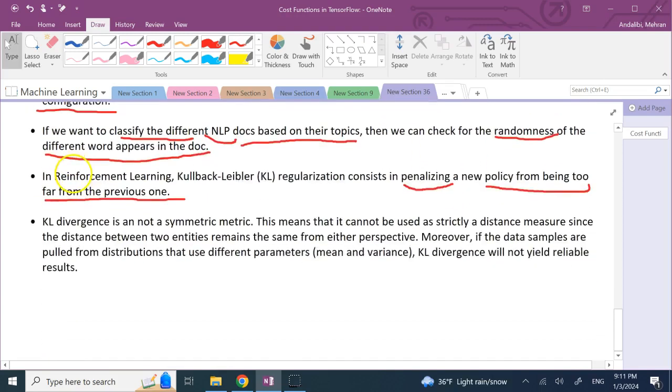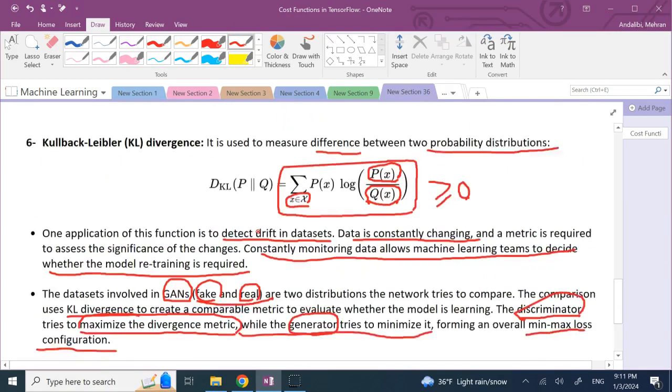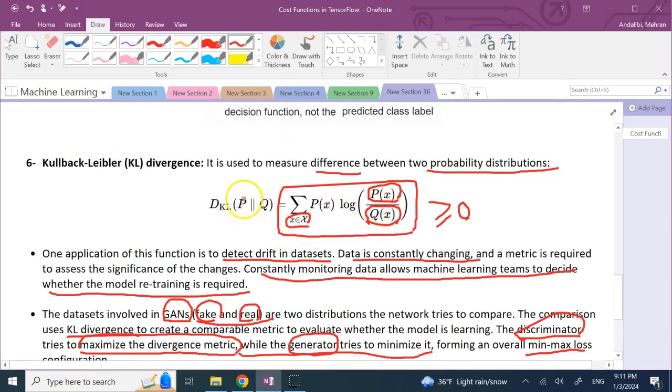The last thing I want to mention is it has a little bit of limitation too. It's not perfect. One of those is it's not symmetric. What does it mean? It means if I change P and Q, so if I calculate divergence KL of Q and P, so this becomes Q and that becomes Q over P, then guess what?